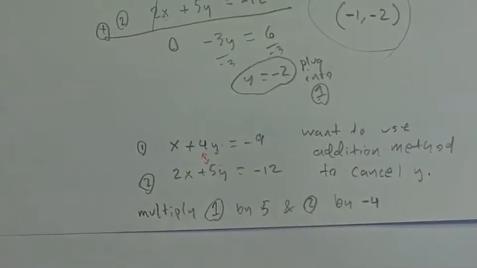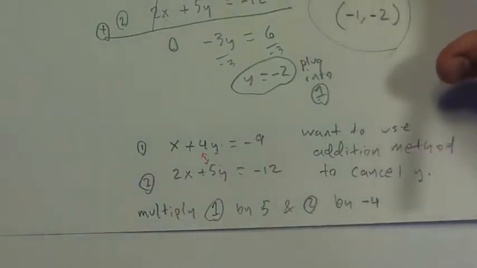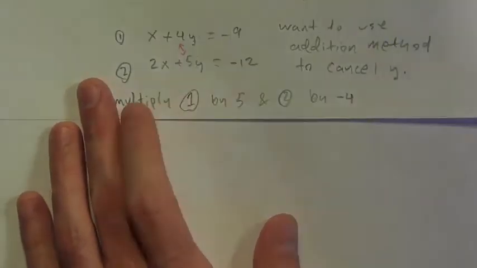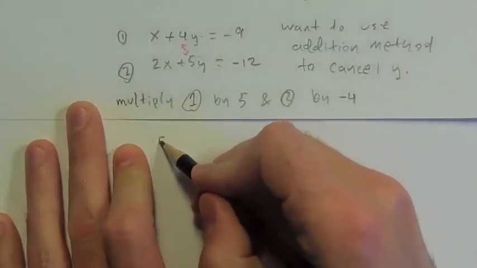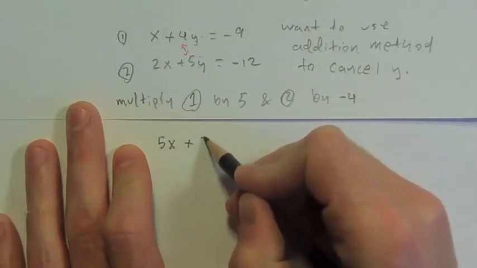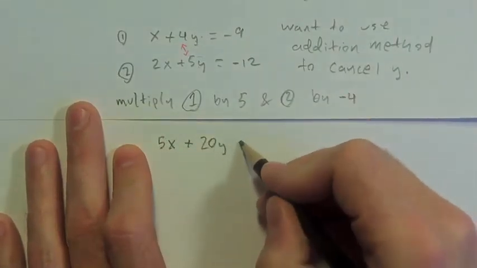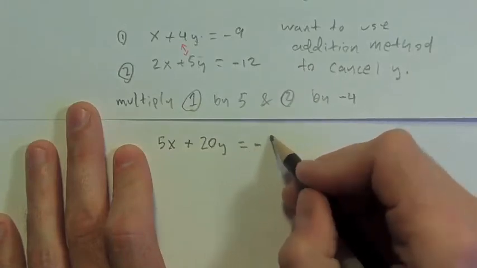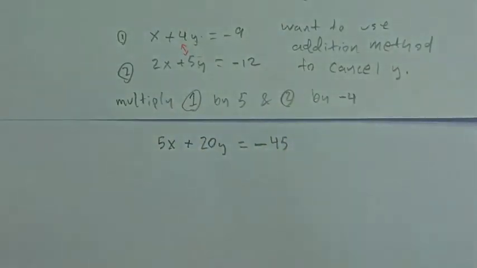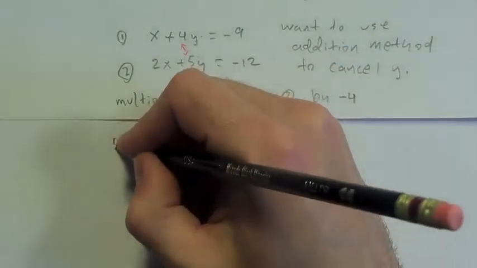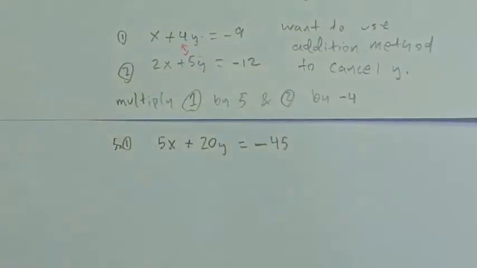It doesn't matter which one gets the negative, as long as just one of them gets the negative, things will cancel. Okay? So when we multiply equation 1 by 5, you'll get 5x plus 20y is equal to negative 45. So this is 5 times equation 1.